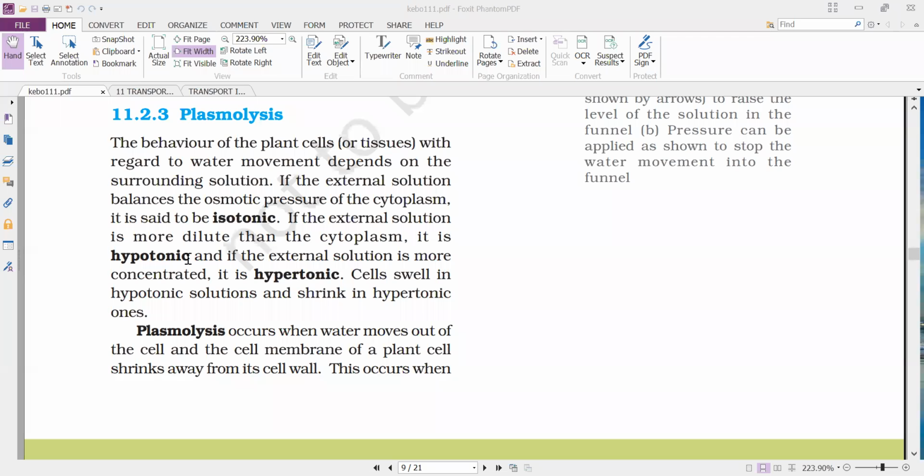Low concentration means higher water potential, whereas the cytoplasm of the cell has higher concentration than the external solution, so it has lower water potential.